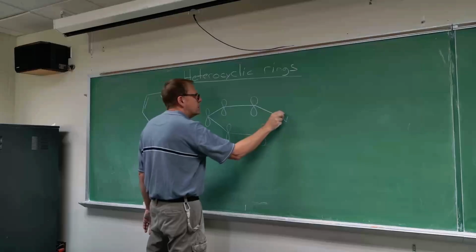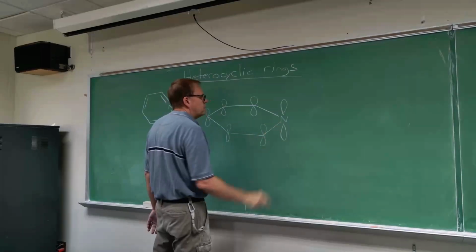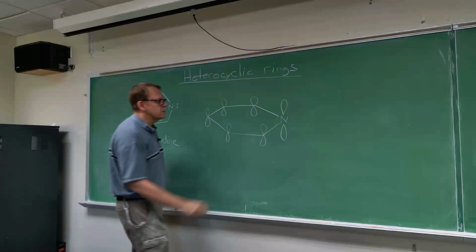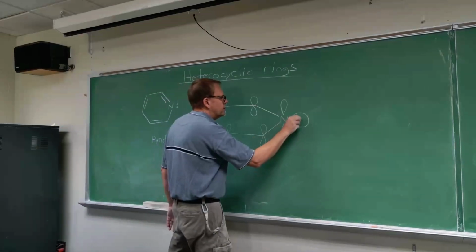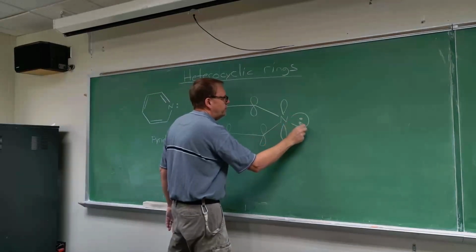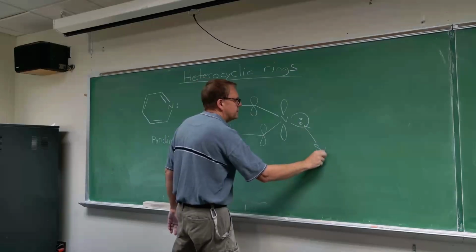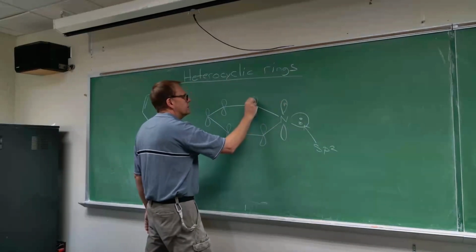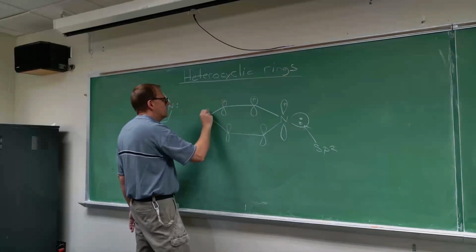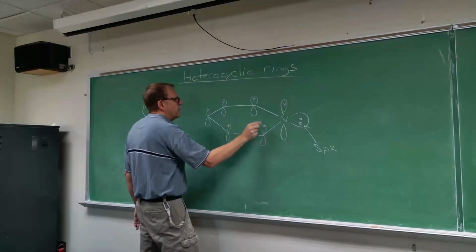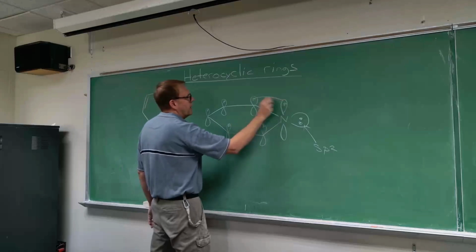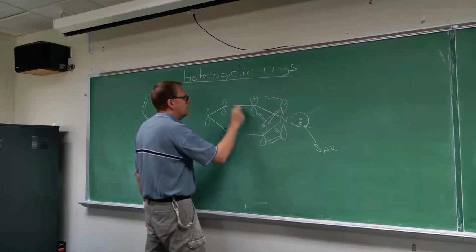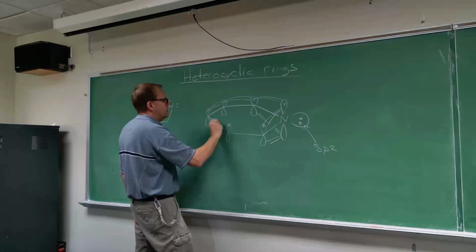And I know that nitrogen is sp2 hybridized because it's got a double bond in it. It's got 3 electron groups. This is the structure of pyridine. It has a lone pair that's in an sp2 hybridized orbital. And then the p orbitals on all of these atoms, they're overlapping. So there's overlap here, there's overlap here, there's overlap here and there.